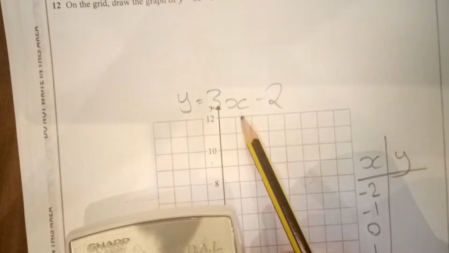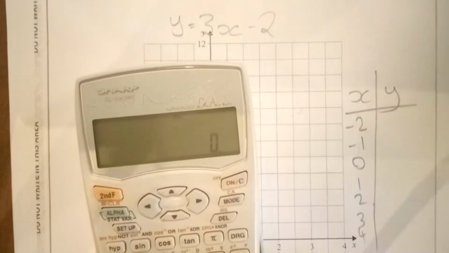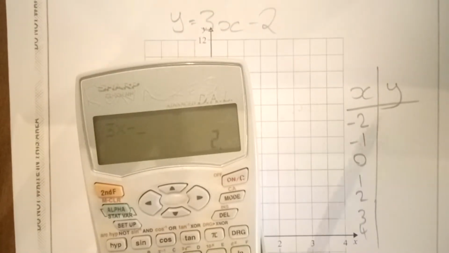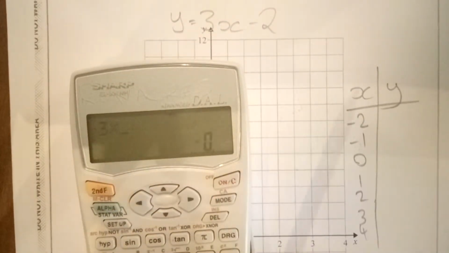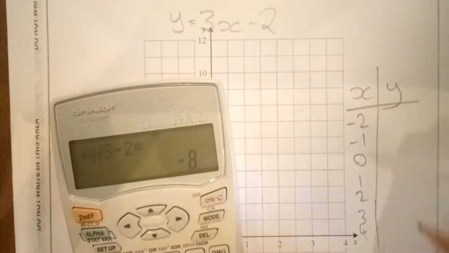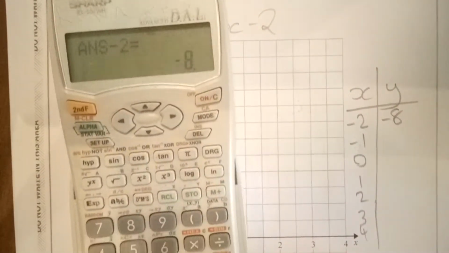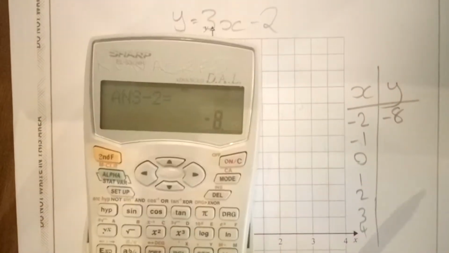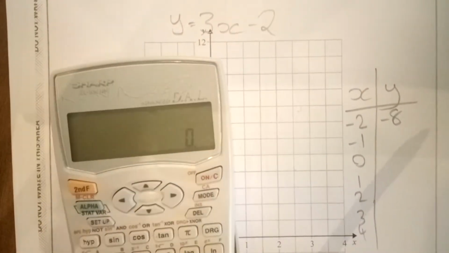Right, 3x minus 2 means I times this by 3 and I minus 2. So 3 times negative 2 minus 2 equals minus 8. My calculator doesn't know the difference between the minus button and this negative button, by the way. Most decent calculators do.